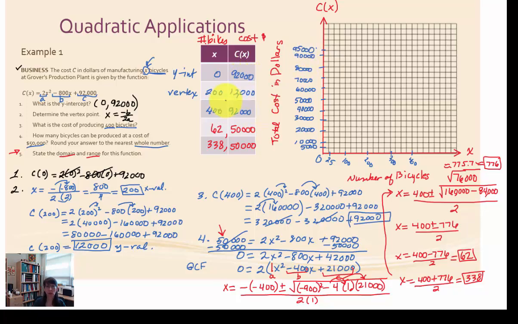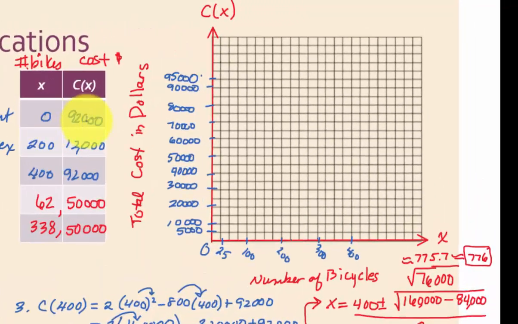So we're ready to plot the ordered pairs. The first one is 0, 92,000. So somewhere between 90,000 and 95,000. That's the best we could do. The next ordered pair is 200, 12,000. The next ordered pair is 400, 92,000. The next ordered pair is 62, 50,000.